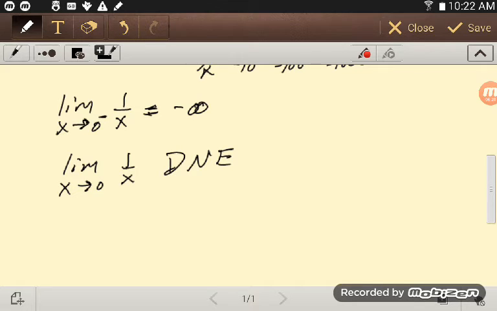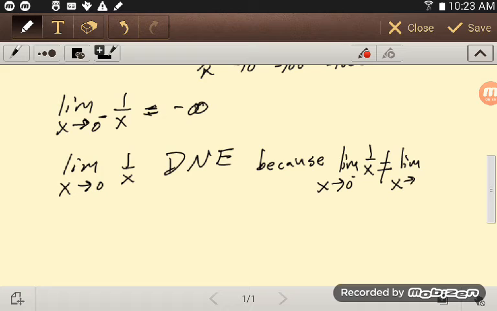And here, we really can't say infinity or minus infinity, because, and here's the weird part again, we're going to say the limit as x goes to 0 from the left of 1 over x is not equal to the limit as x goes to 0 from the right of 1 over x.